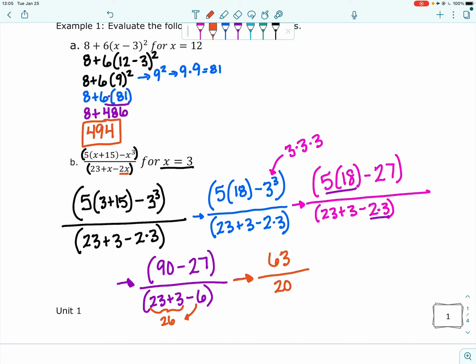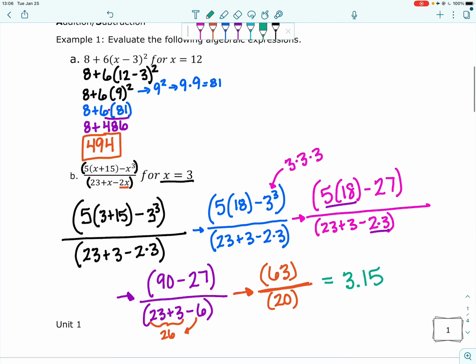So on the bottom, we end up with 20, moving from left to right. So then the last thing to do is this division, because these guys have been in parentheses this whole time. So 63 divided by 20, we get our answer of 3.15.